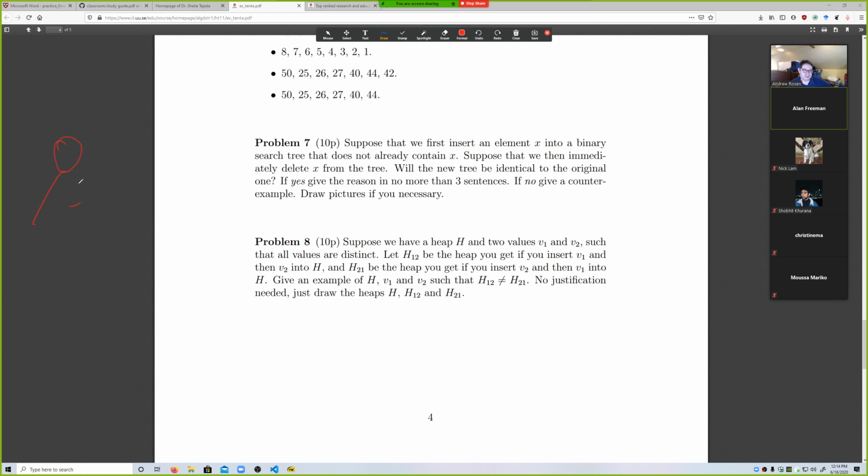Example: insert a node. It's going to go into any one of these positions over here, and then it's immediately going to get deleted. So if we put it over here, or over here, or over here, it doesn't matter. Immediately delete it, and it's the same as the one that doesn't exist.